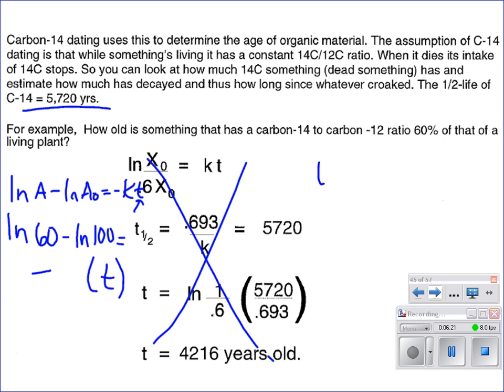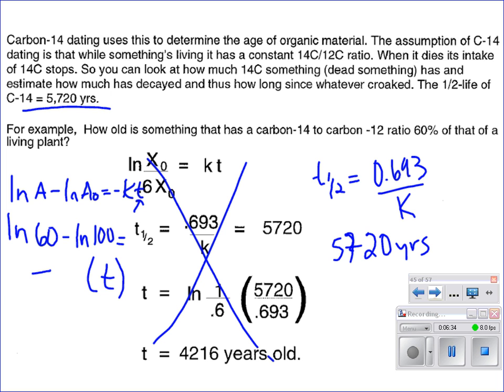Do the half-life reaction. T1 half is equal to 0.693 over K. And we know that our half-life is 5,720 years.